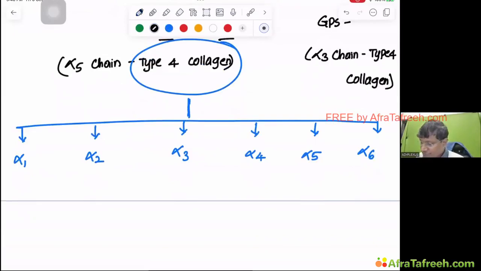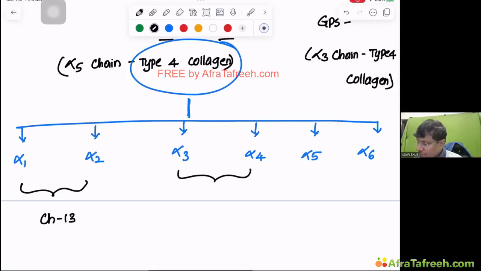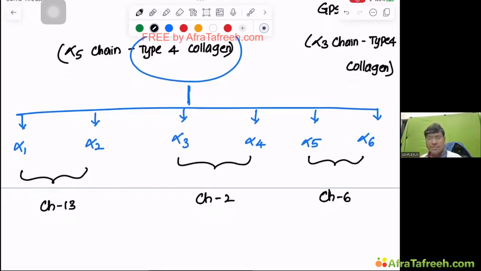The gene required for synthesis of alpha 1, alpha 2 chain is present on chromosome 13. Whereas gene required for synthesis of alpha 3 and alpha 4 is present on chromosome number 2. And gene required for synthesis of alpha 5 and alpha 6 is present on chromosome number 6. Okay, that is about your type 4 collagen.